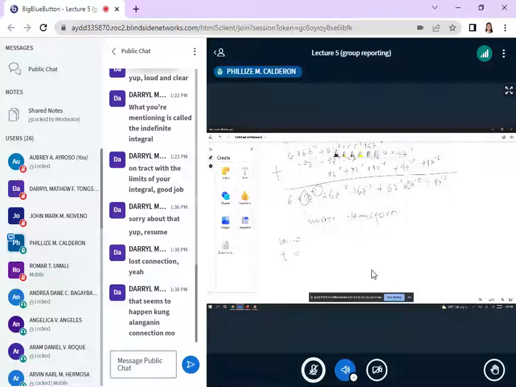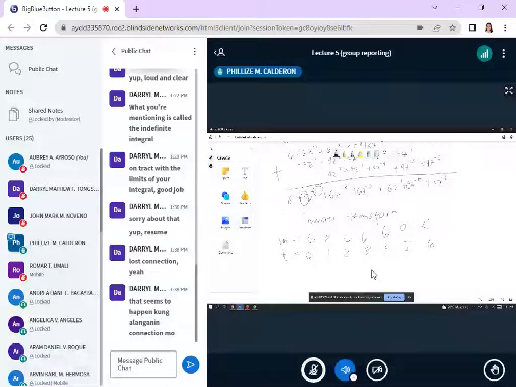So, meron tayong magnitude at time 0 na 6. At time 1, meron tayong 2. At time 2, meron tayong 6. Time 3, 6. Time 4, 6 ulit. Time 5, 0 siya. Then time 6, 4.